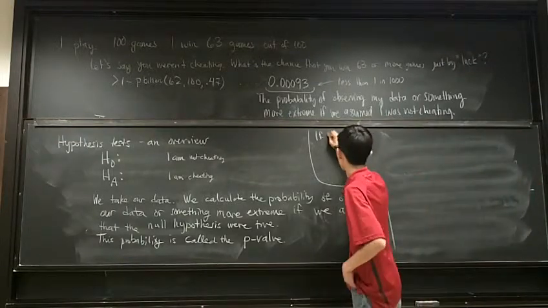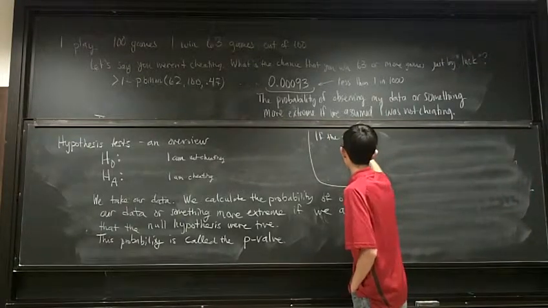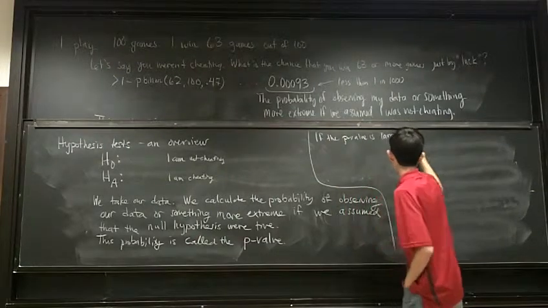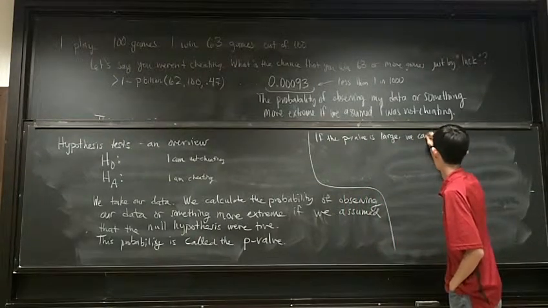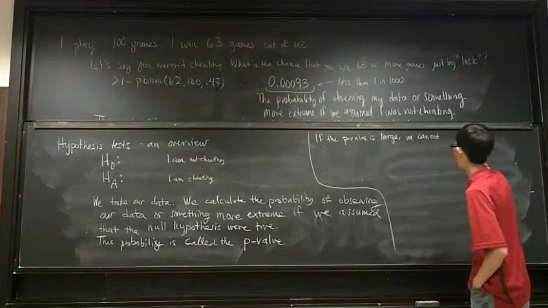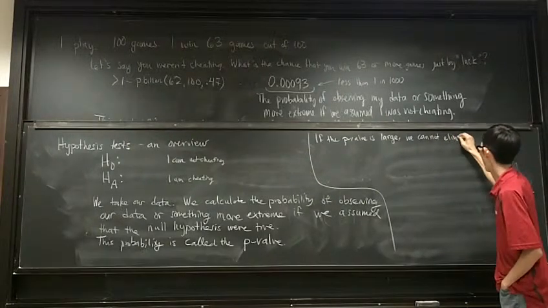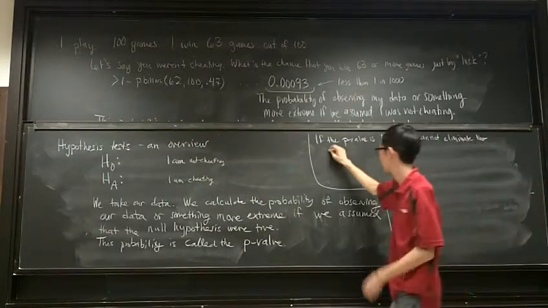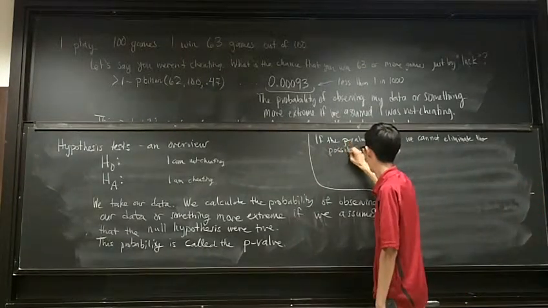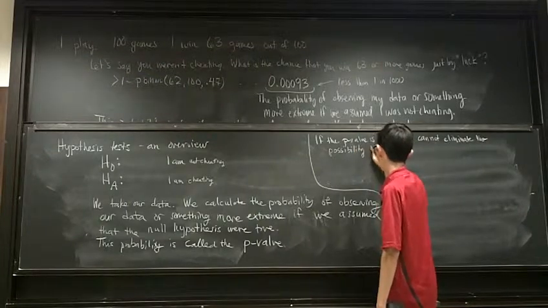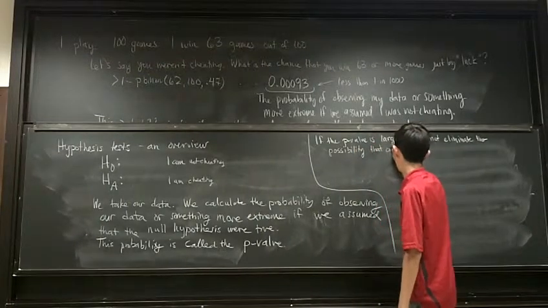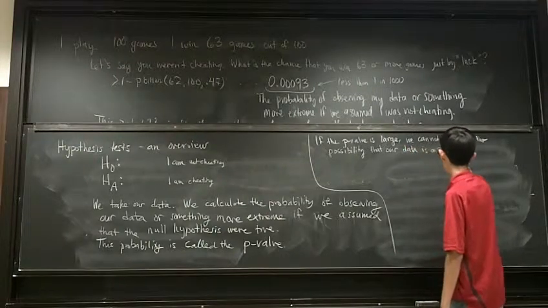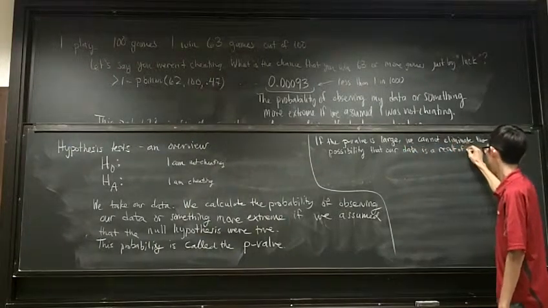Okay, so if the p-value is large, we cannot eliminate the possibility that our data is a result of random chance.